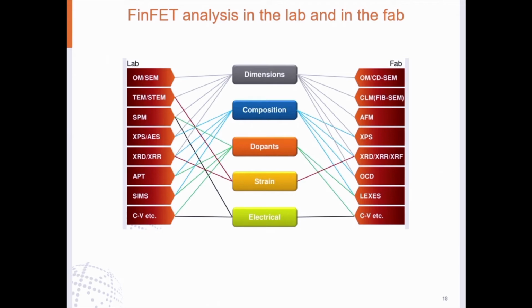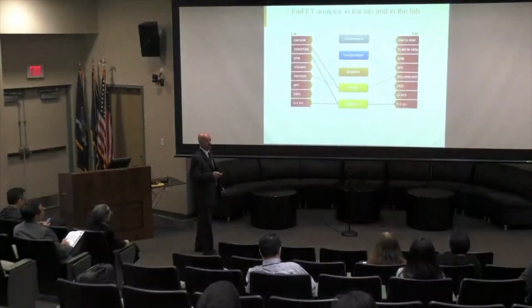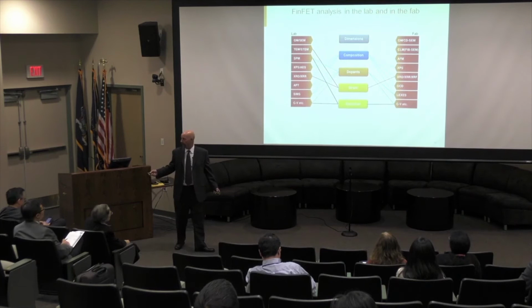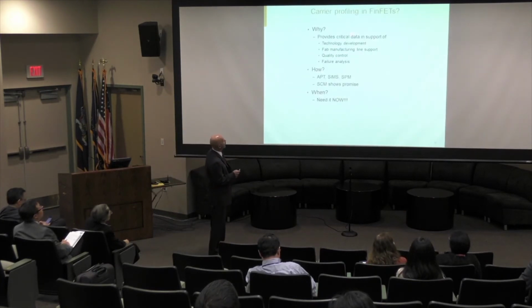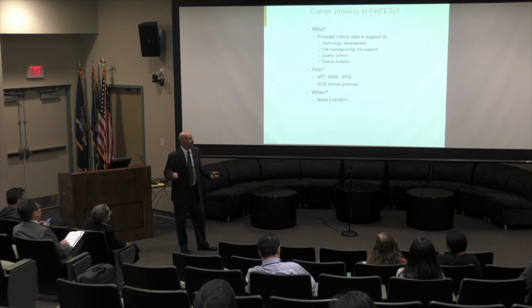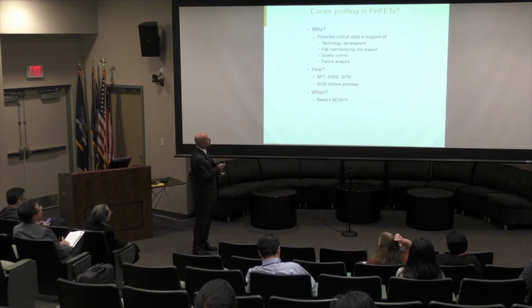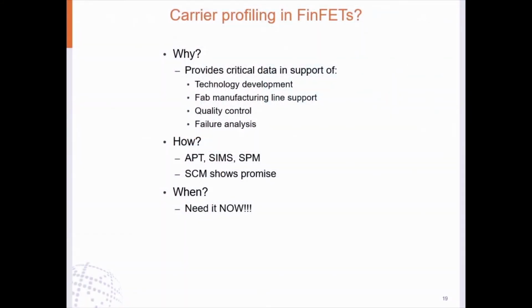So it is in widespread use in both the manufacturing fab and the laboratory. Carrier profiling in FinFET, I talked a little bit about this early on. Why is it important? It's providing critical data right from technology development all the way through to end product failure analysis.